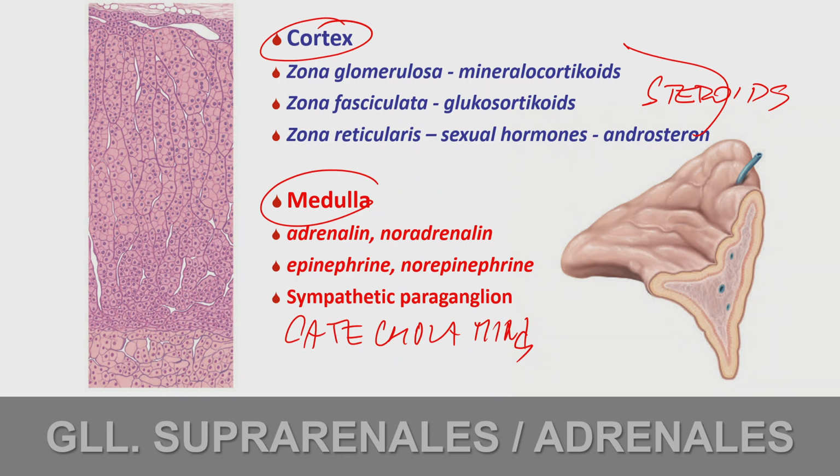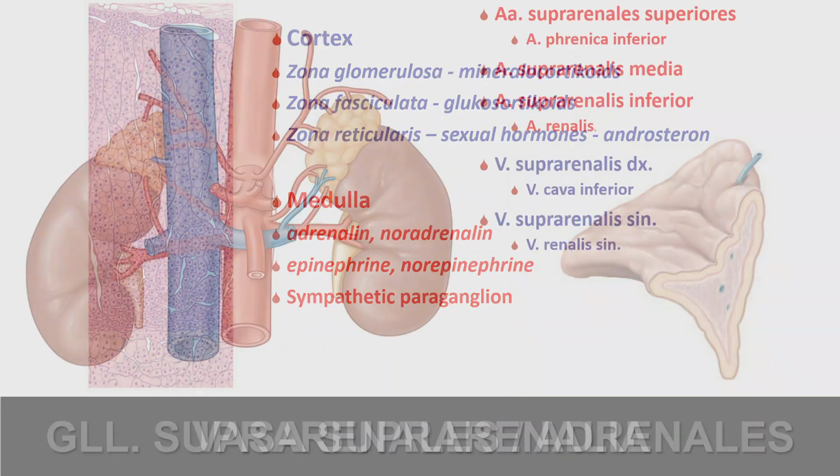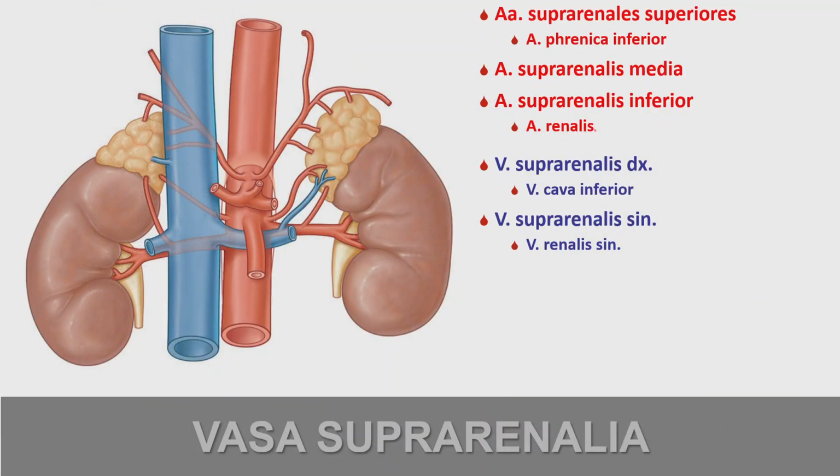But in the US, some doctors don't know what adrenaline is because they use only the epinephrine name. Yeah, the same. Here we have cortex and we have here medulla. So, important. Cortex, corticosteroids. Medulla, catecholamines.